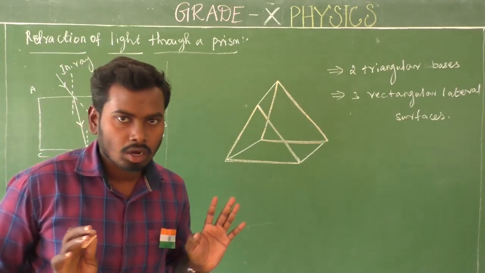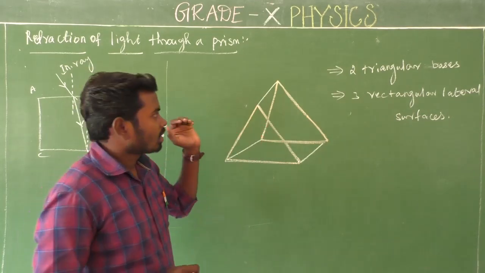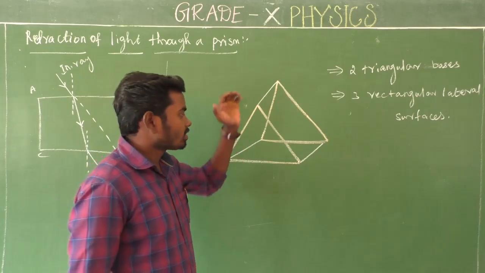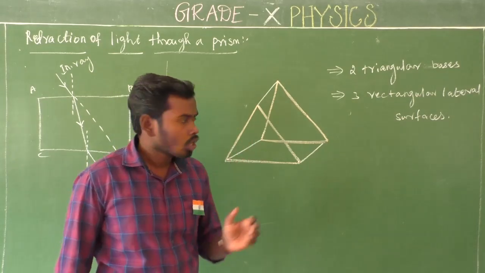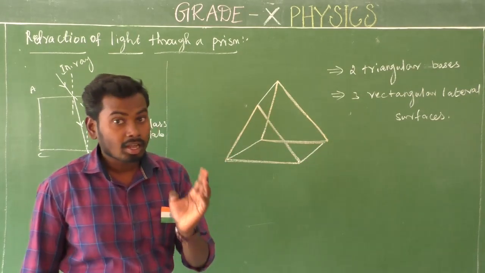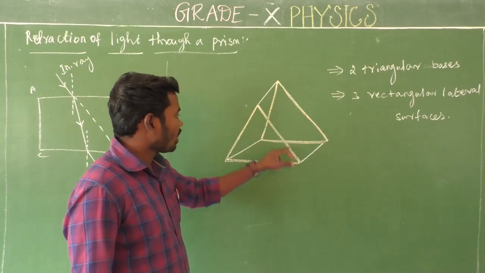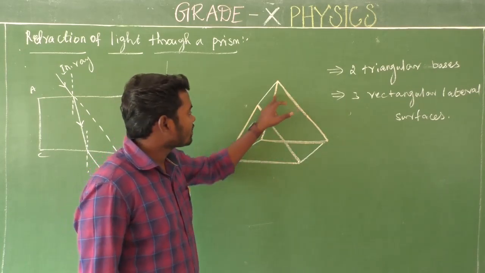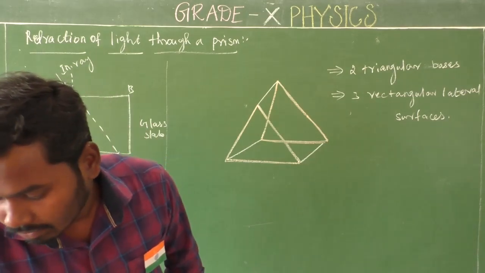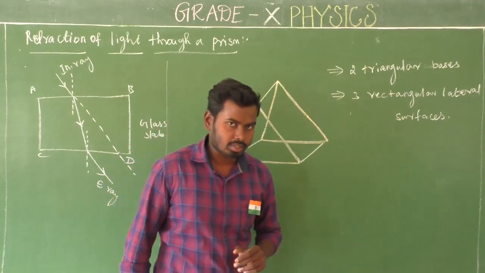So this triangular glass prism has two triangular bases and three rectangular lateral surfaces. Already we know that. The first is a triangular base and the second is a triangular base. Next are the three rectangular lateral surfaces.